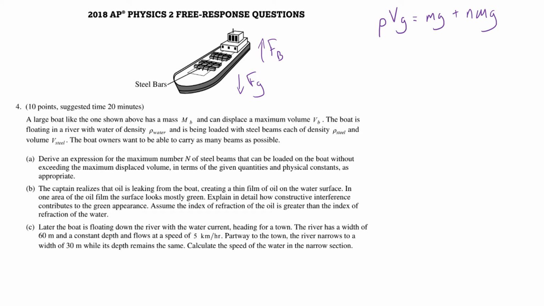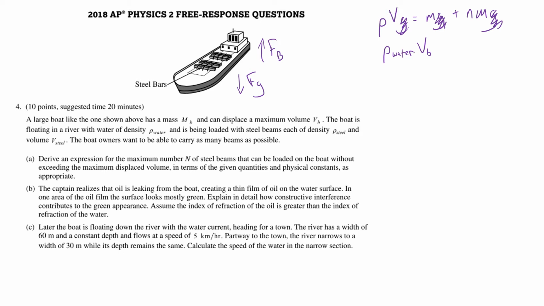Now we want to solve this for n, and we're going to put in the real values here as well. Let's plug in the real ones first, then we'll solve it. So we're going to have rho water times V. This is the volume of the boat, so that's going to be VB times g. Well, we can cancel out g's from everything, which will be nice.